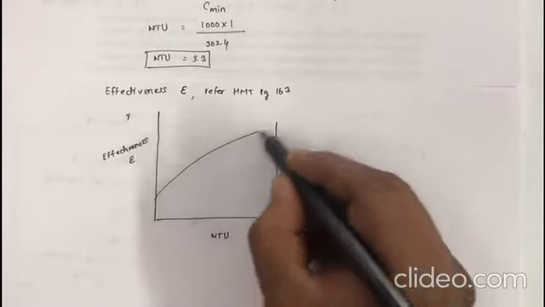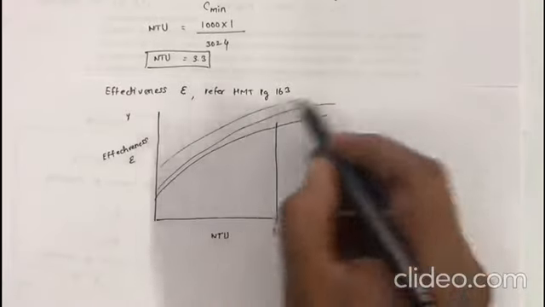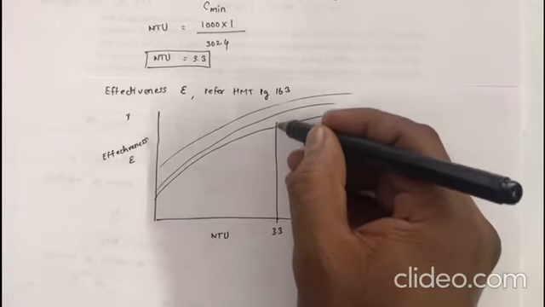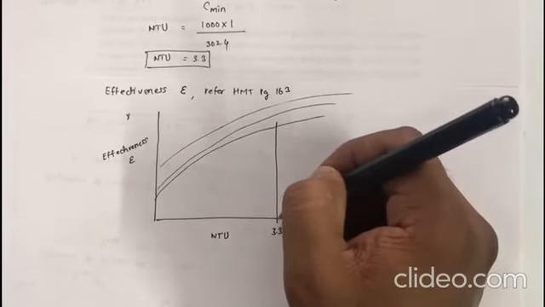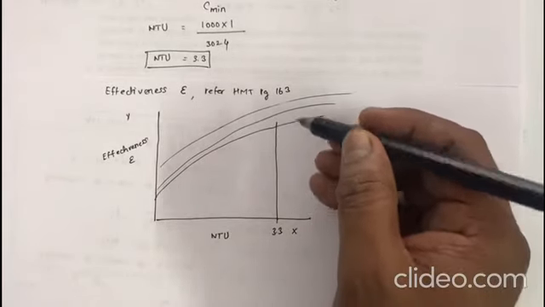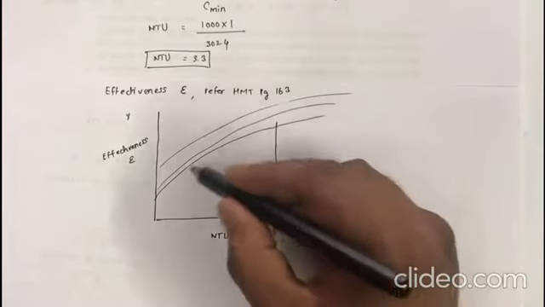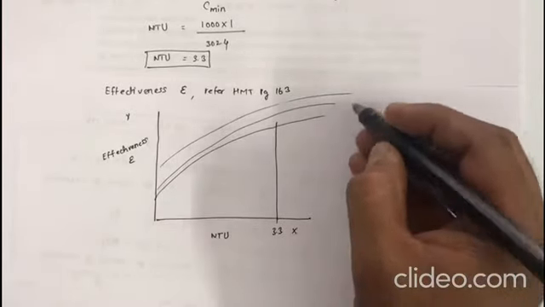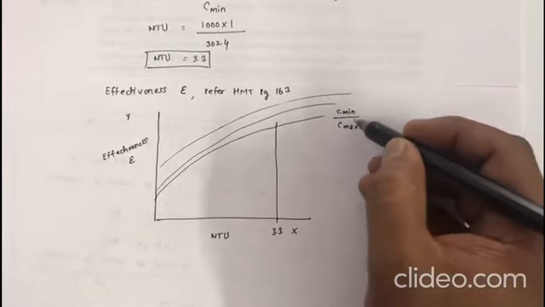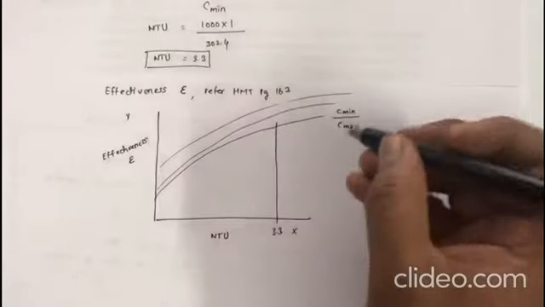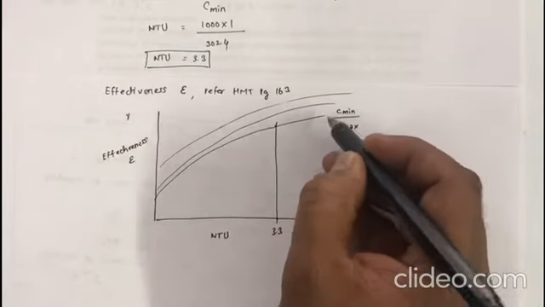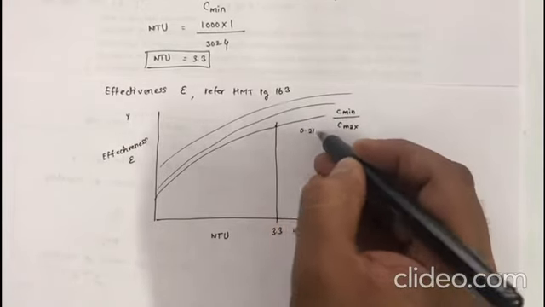You might be having so many curves running in this graph. So what you have to do is draw a vertical line from the NTU value you have just found out and touch the C min by C max curves. All the curves here represent C min by C max values. Our value is 0.218. So touch the curve which has the closest C min by C max value, 0.218.